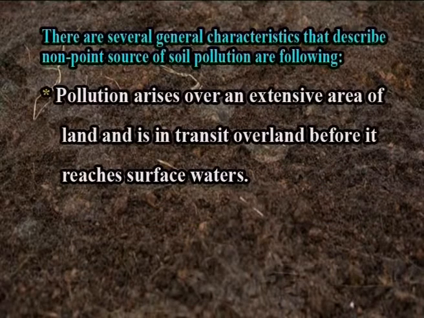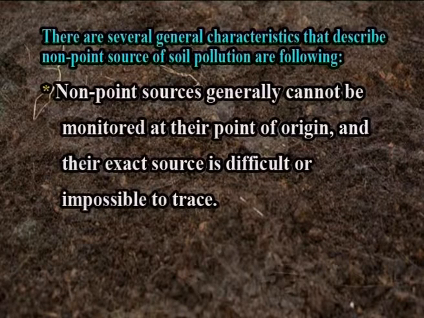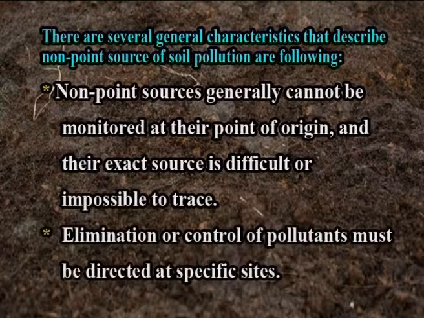Pollution arises over an extensive area of land and is transported overland before it reaches surface water. Non-point sources generally cannot be monitored at their point of origin and their exact source is difficult or impossible to trace. Elimination or control of pollutants must be directed at specific sites.